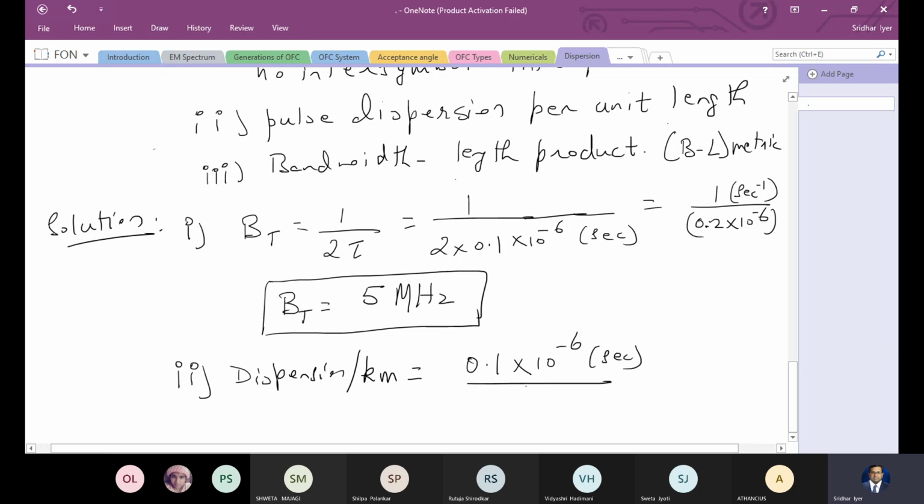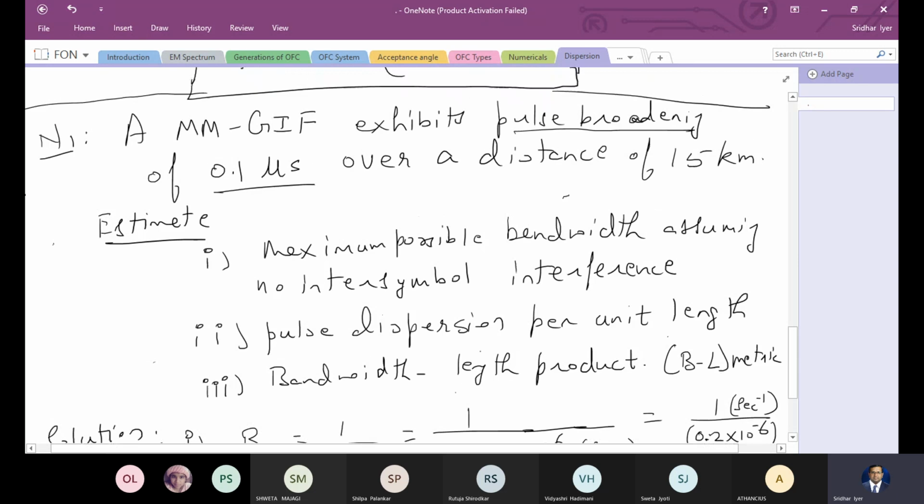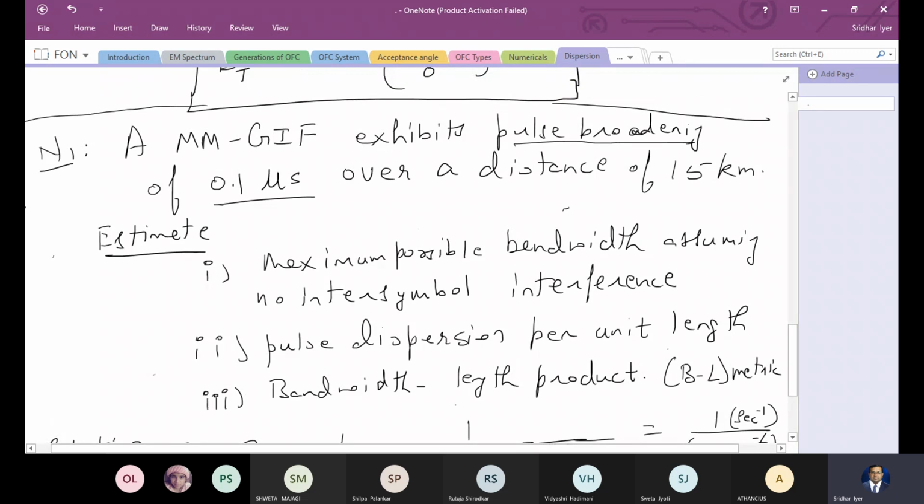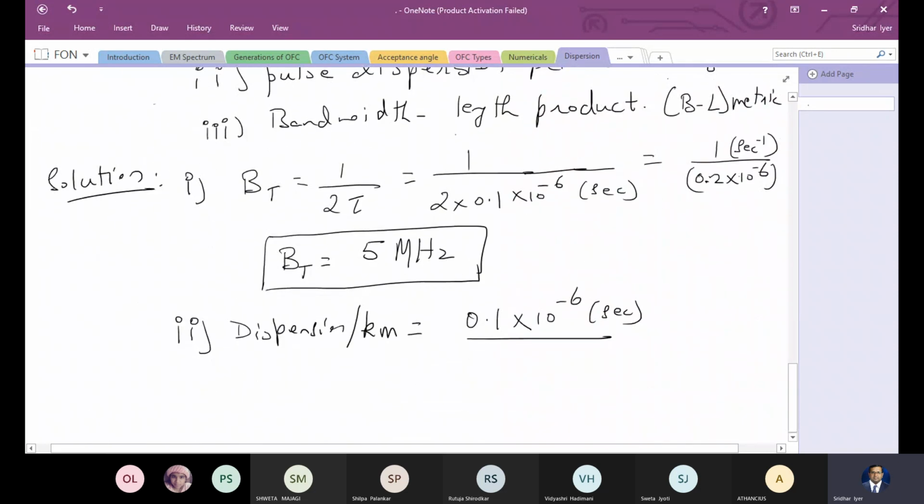And if I scroll up, you can see that the distance which is given to us is 15 kilometer. Therefore we'll have 0.1 into 10 raised to negative 6 divided by 15 kilometers. You can see I'm writing the units with those numbers because the units are very, very important.